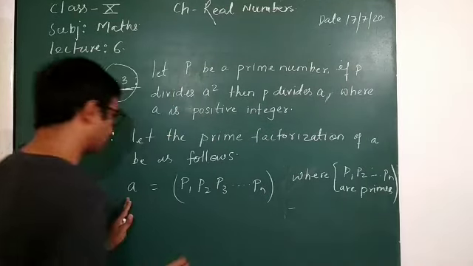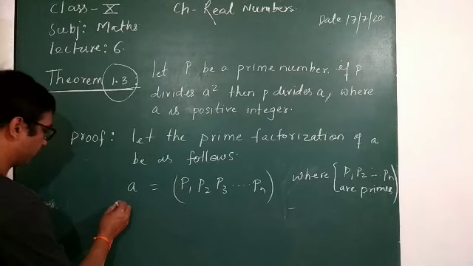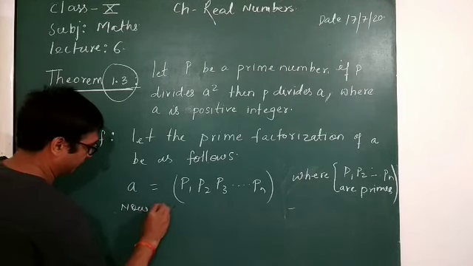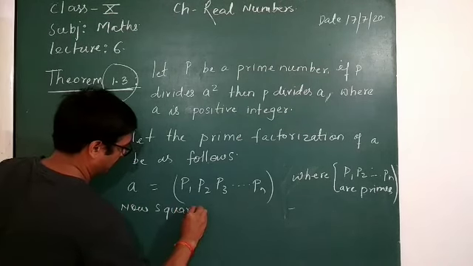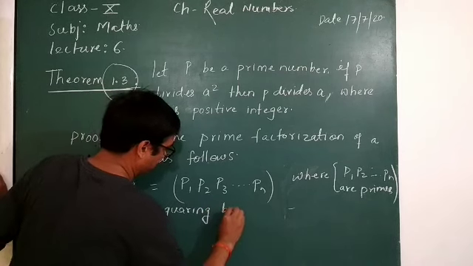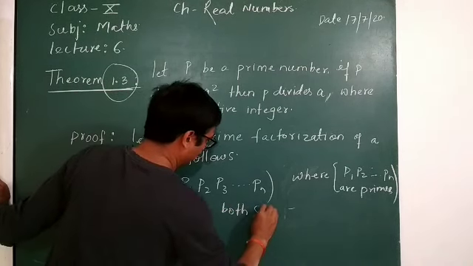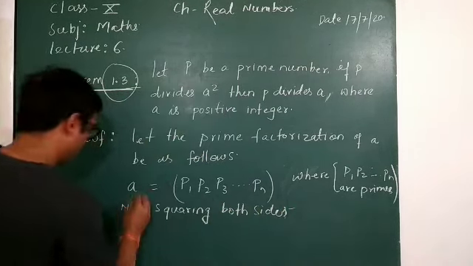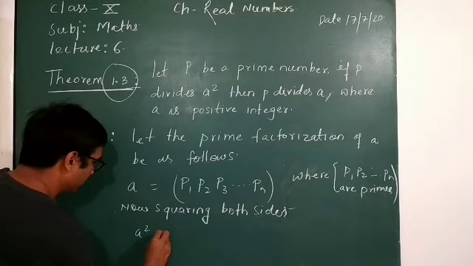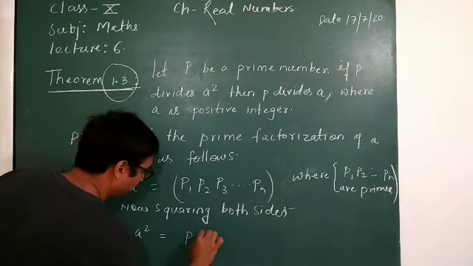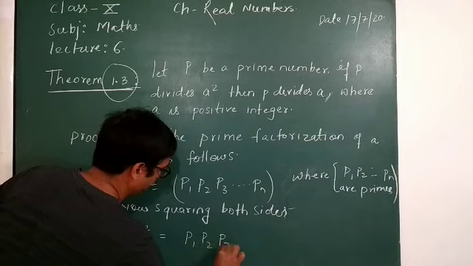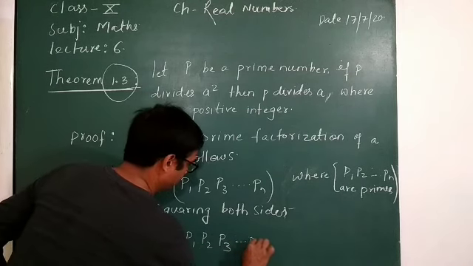Now if we square both sides, we get A square is equal to (P1, P2, P3, Pn) square.